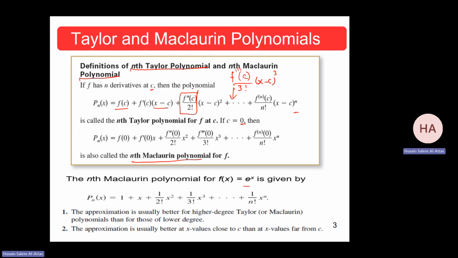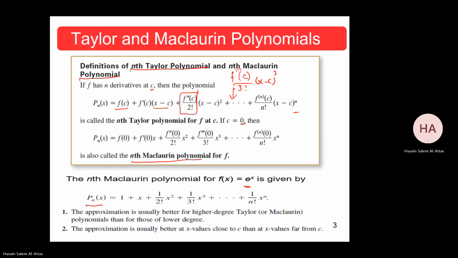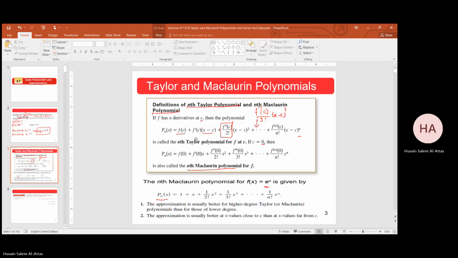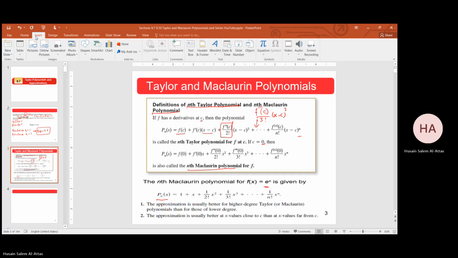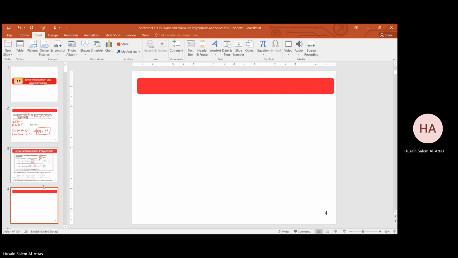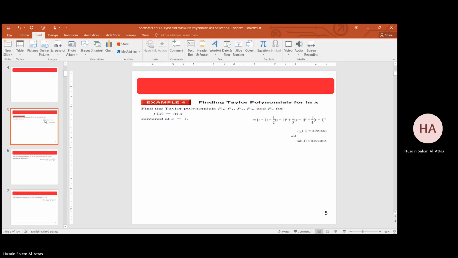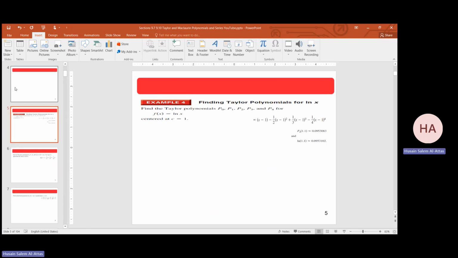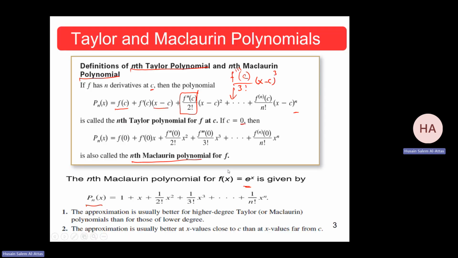In the case of e to the power x, what will happen? Pn of x will be what? Let me do that for e to the power x to show you how to apply the formula.